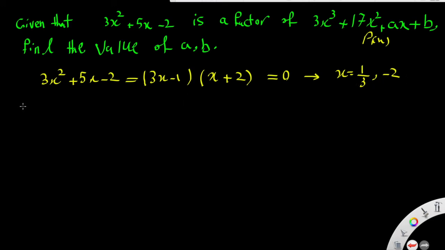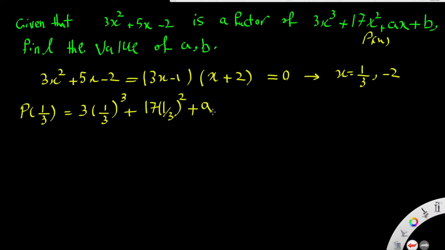So I replace them one by one in the polynomial. p of 1 over 3 will be equal to 3 times 1 over 3 to the power of 3, plus 17 times 1 over 3 to the power of 2, plus a times 1 over 3, plus b.